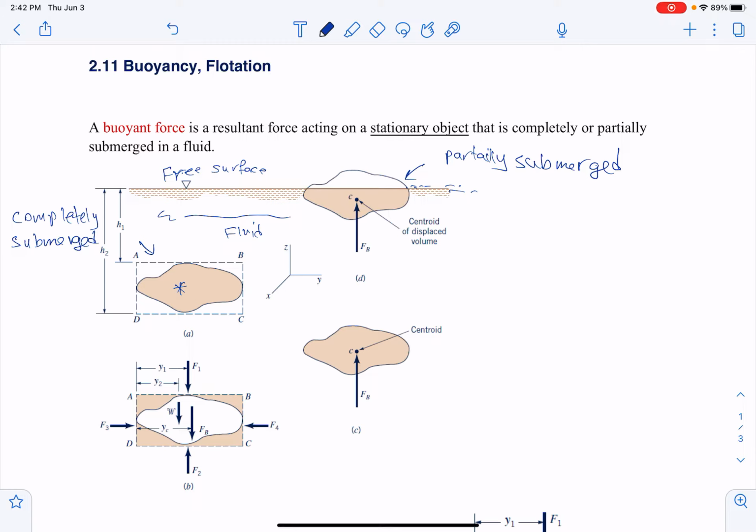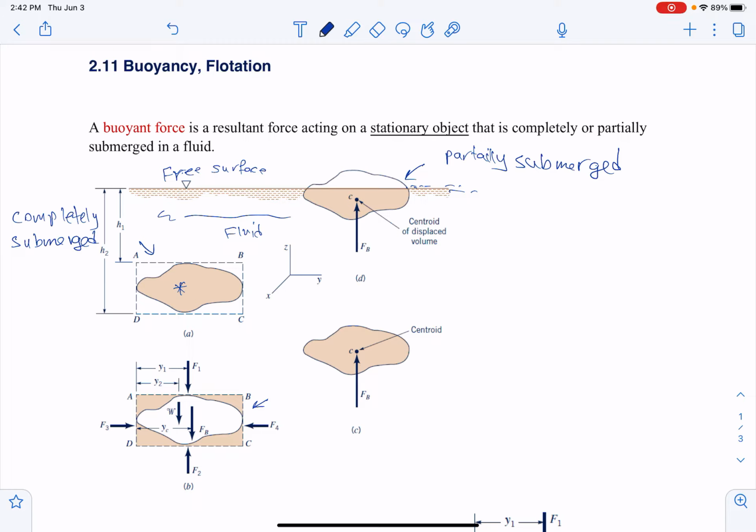So let's be systematic about it. We want to figure out what the buoyant force is. How can we calculate that? The object that we choose here is a body of arbitrary shape which has a volume.